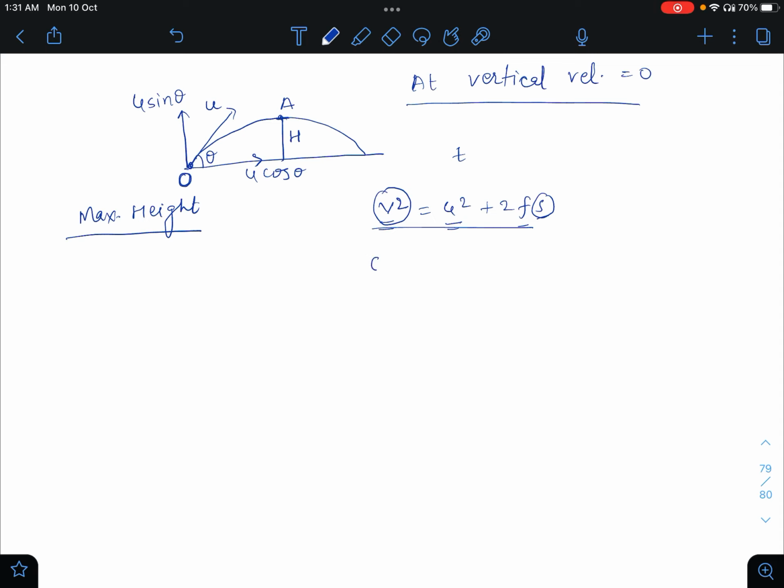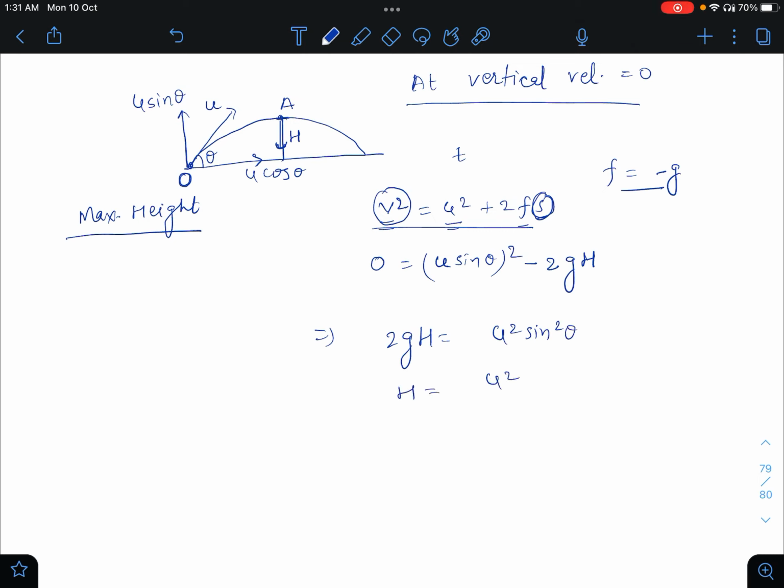So in the vertical direction v is 0, u is the initial vertical velocity, u sin theta whole square, and f is gravity acting downward, so this will be minus g. So this is minus 2g, and let the maximum height be h. That implies 2gh is equal to u squared sin squared theta. So h is equal to u squared sin squared theta by 2g.